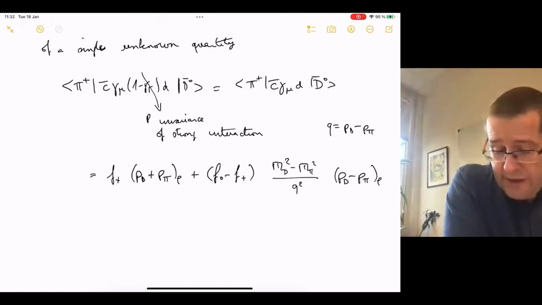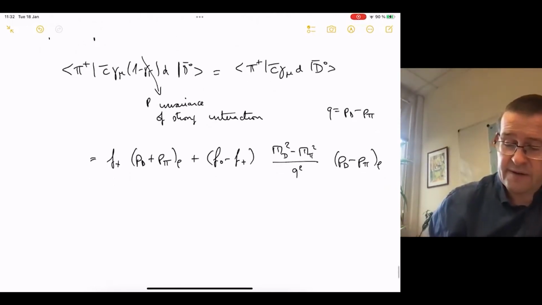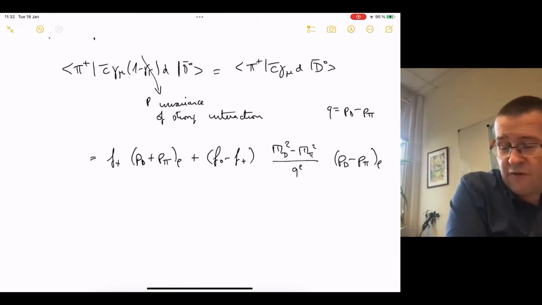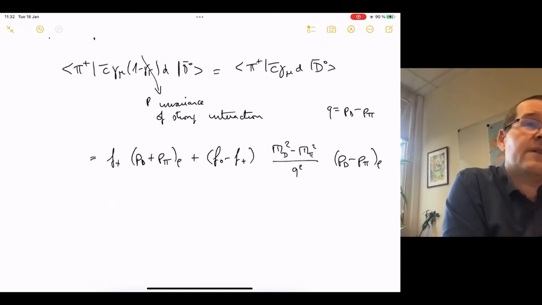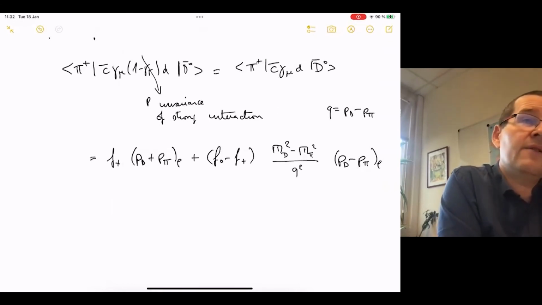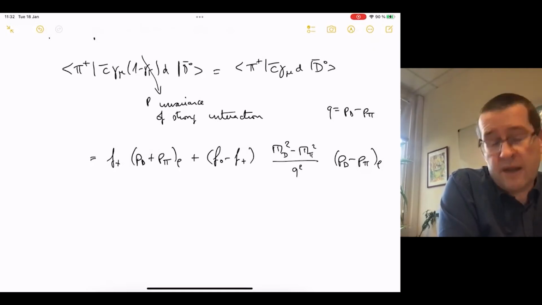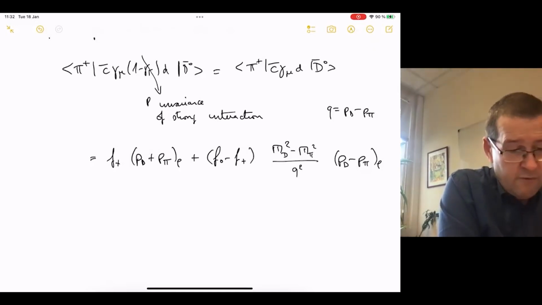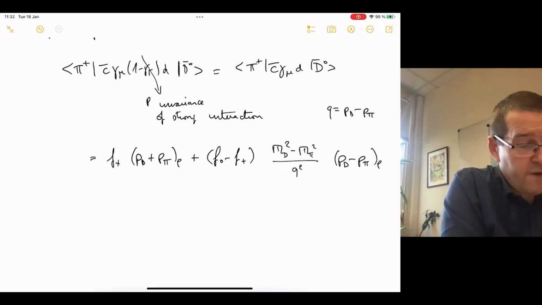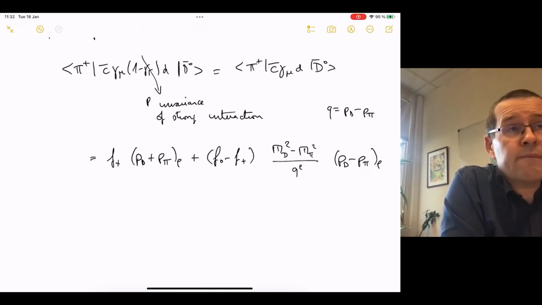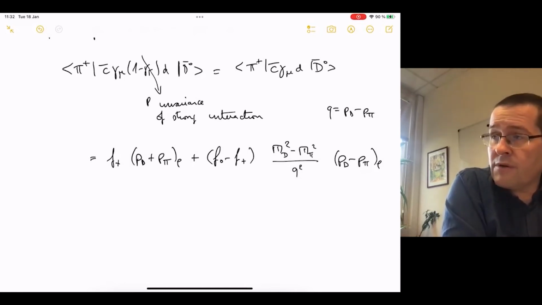And the point is that here, in principle, F plus and F0 are quantities that can involve any kind of scalar quantity that you can make out of the kinematics. If you think of it, it corresponds to products of two momenta, but P_D squared and P_pi squared correspond to the masses.